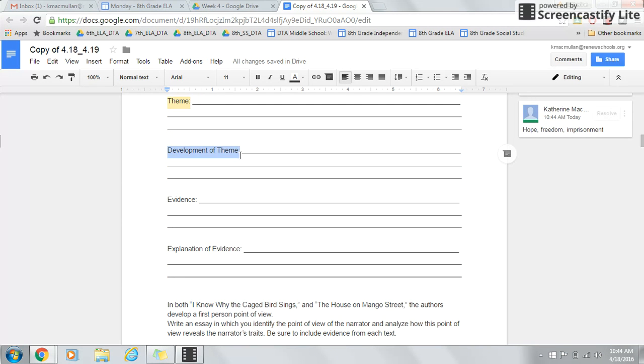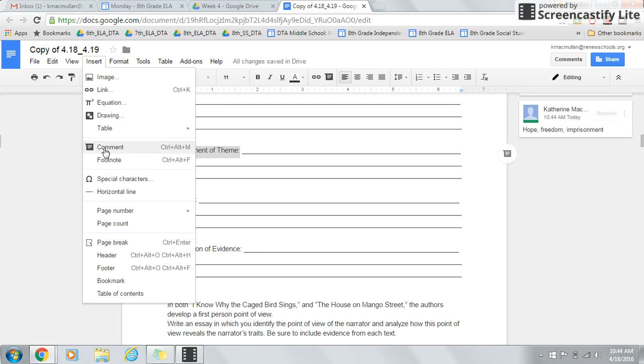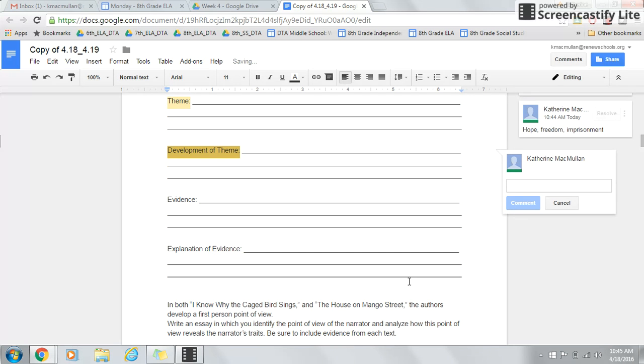For the development of theme, I'm going to list a couple of ways that themes are developed, especially in fiction and poetry. First of all, we have figurative language, and that includes things like symbolism, personification, etc. We have the narrator or the speaker when we're talking about poetry. We have the structure of the text.